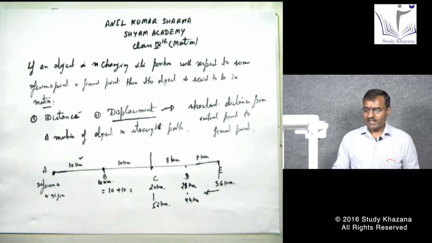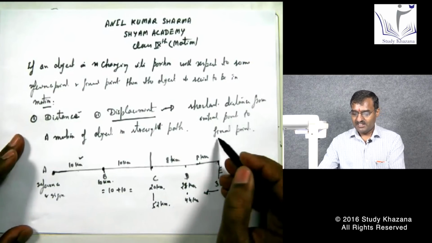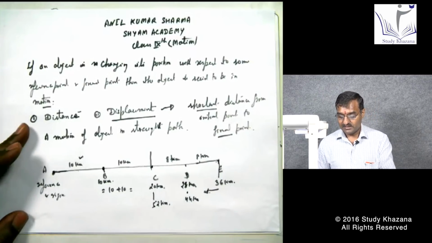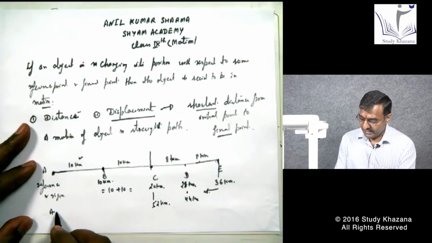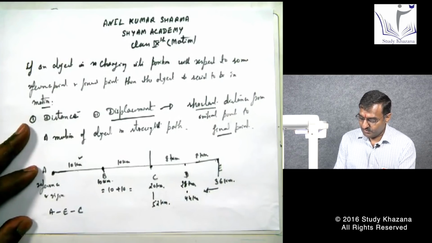Means whatever the distance you are traveling, the displacement will be considered by the initial point and final point, and also the shortest distance. So here in this case, we have traveled from A to D, then D to C.